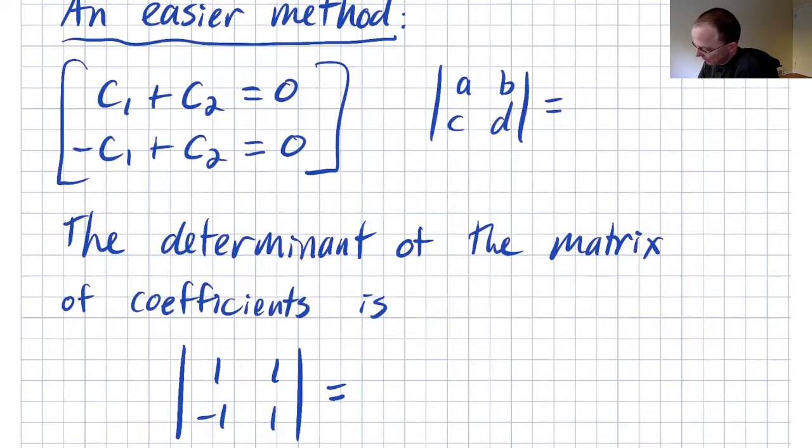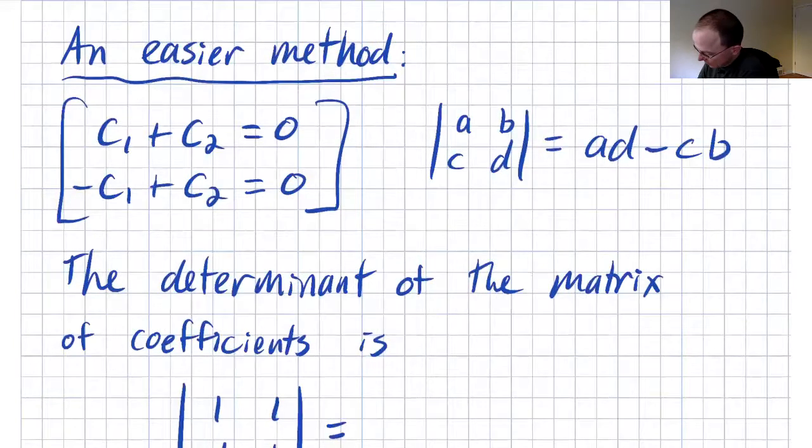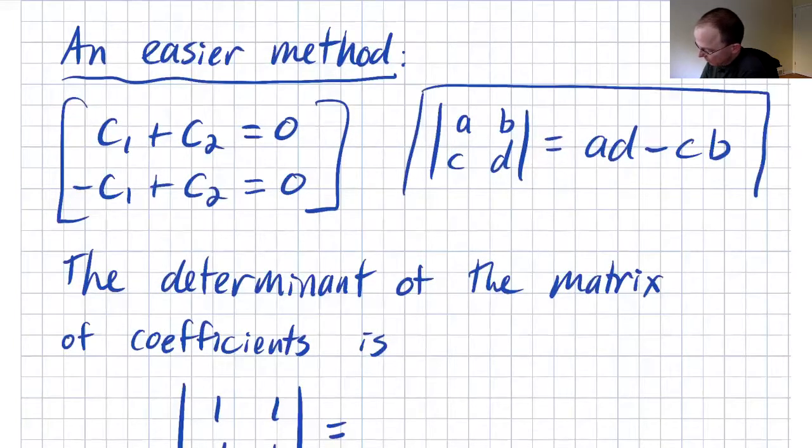So A times D minus C times B, or B times C, whichever you prefer. So you probably remember this formula. Let's put a nice box around it. So that's the formula for a 2 by 2 determinant.